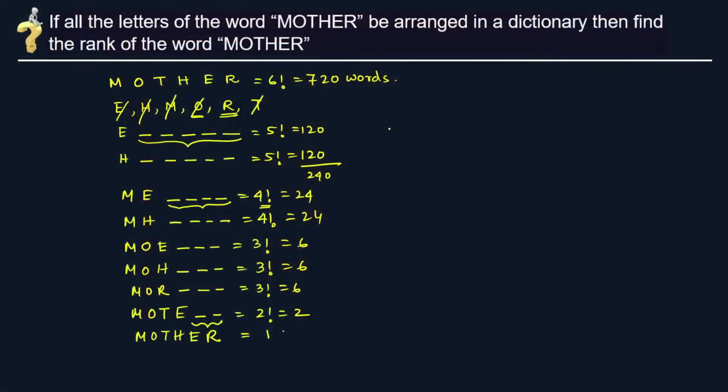We have to count all the words which are placed before MOTHER. And MOTHER has occupied one place, so we have to count that also. Therefore, the rank of the word MOTHER will be 240 from here, 24, 6, 30, 30, that is 60. And then it is 6, 2 and 1, that is 9. So it is coming to 309. And that is the rank of the word MOTHER.